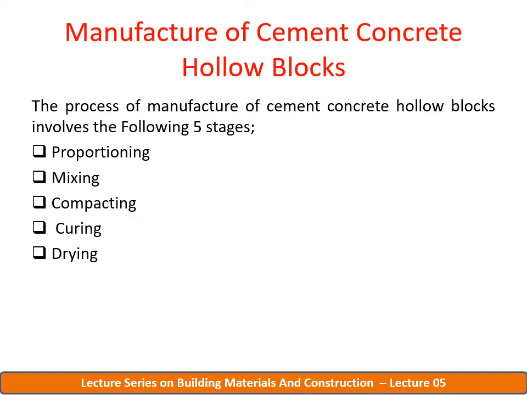And next is the mixing. Mixing is one of the important steps in the manufacturing process. The cement and water are combined completely to form a paste which covers the surface of the aggregate.